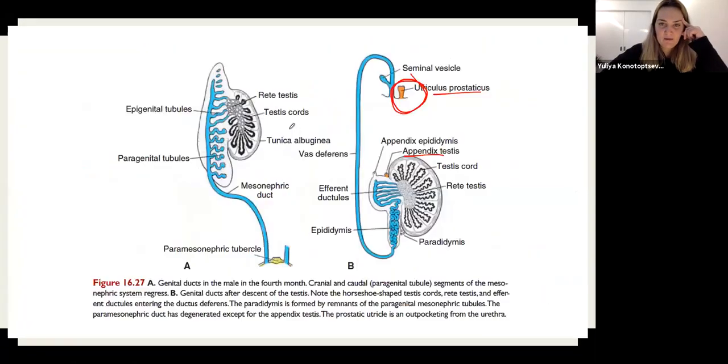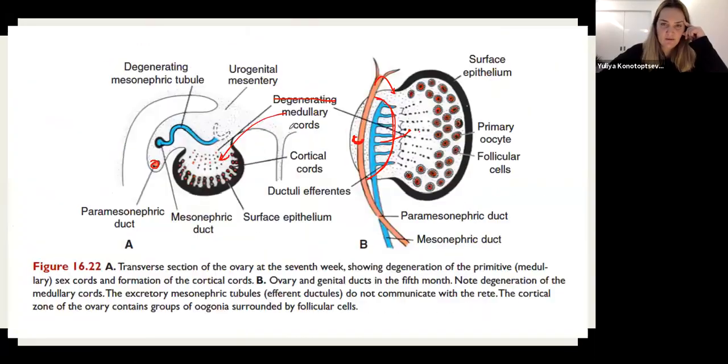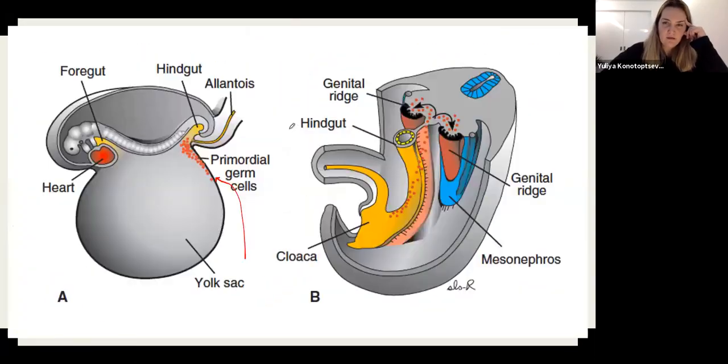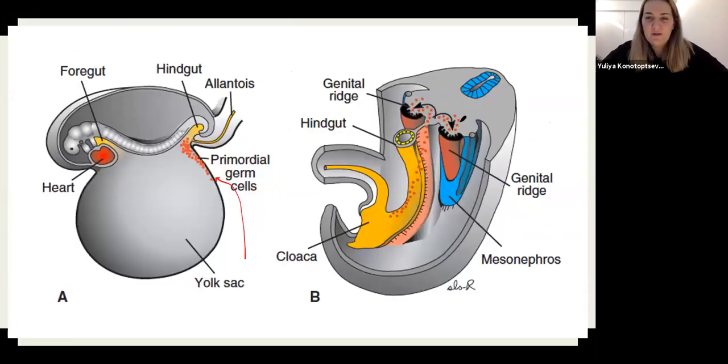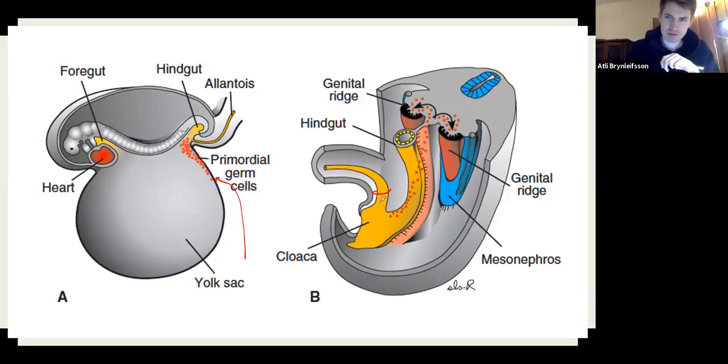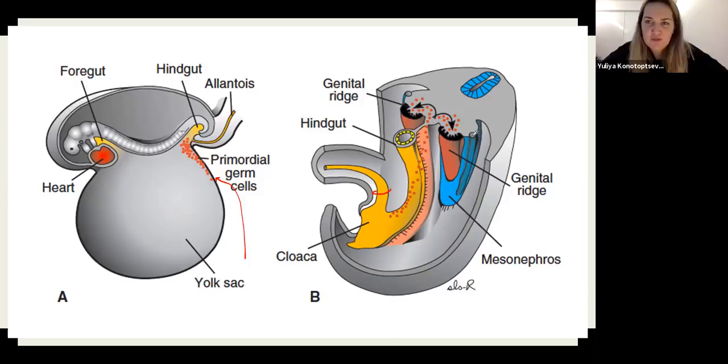If I go back, let me go back all the way back. Okay, let's do it with this. How did we call this? Urogenital sinus. Yes. And who was attaching here?